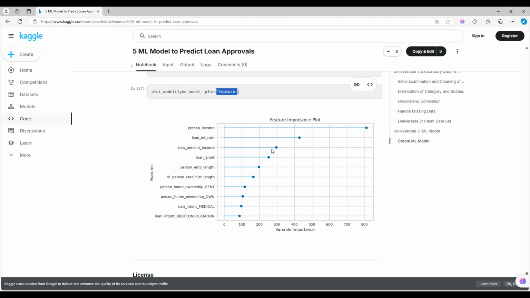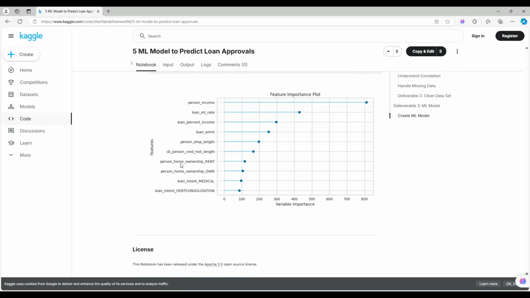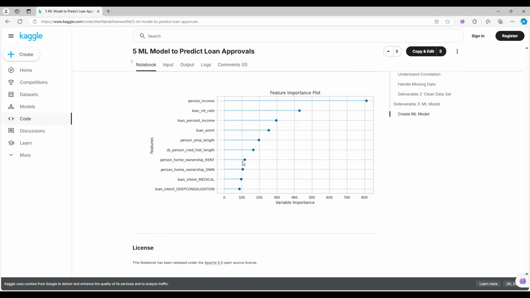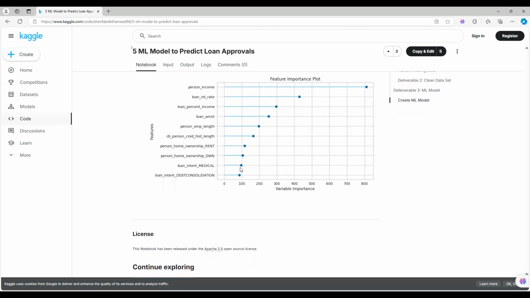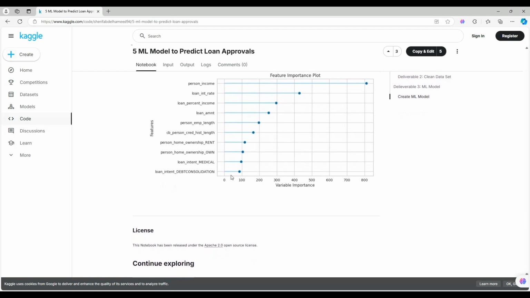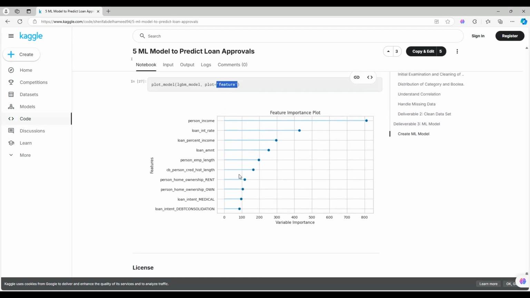And the loan percent as part of your income is the third most important. The loan amount is also important. The employment length, credit history length, ownership being rent, ownership being own, loan intent being medical, or loan intent being debt consolidation, which reinforces the results that we had come up with from our exploratory data analysis.